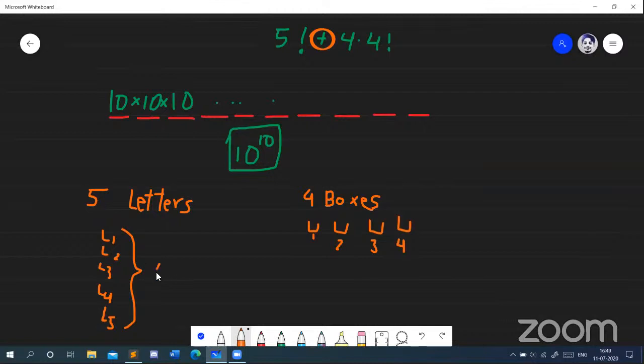Therefore, I have 4 times 4 times 4, and so on 5 times, and I get my answer as 4 to the 5. Of course, I'm assuming that every box can hold any number of letters, that the boxes are large enough to hold any number of letters, and that's where I'm getting this answer.